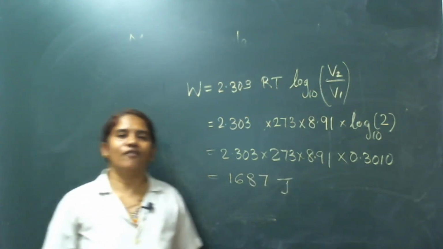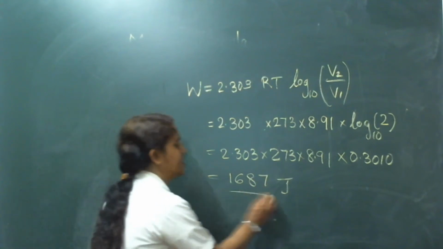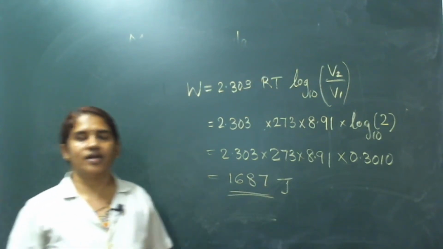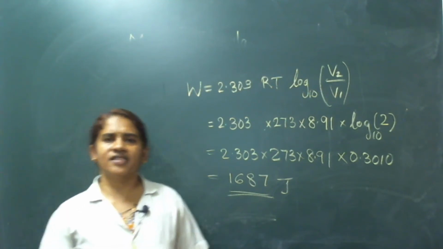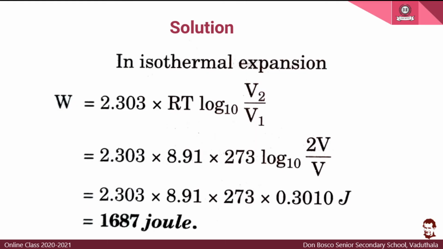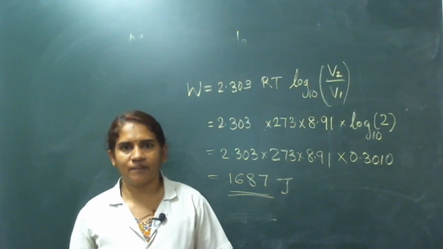Yes, 1687. Since it is work, the unit is joule. Just verify the steps: the equation, the R value, T is 0 degrees meaning 273 Kelvin, V2 by V1 is 2V by V, substituting for log 2, we get the answer. Clear? No doubt? Shall we move on to the next one?